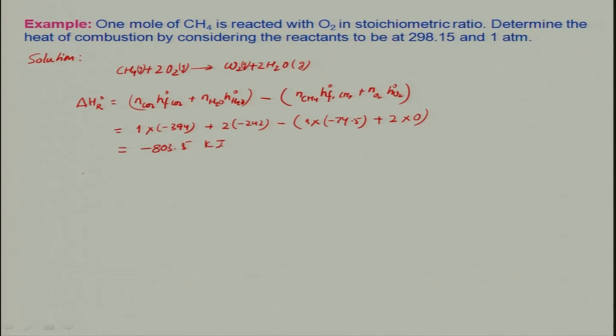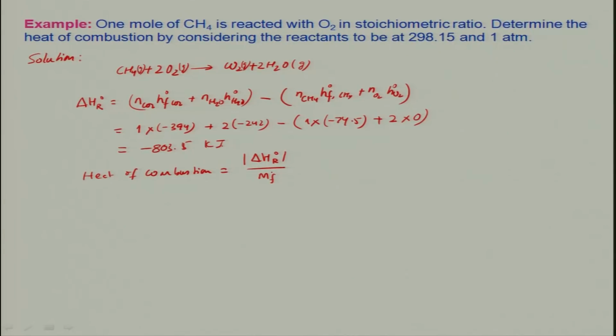Now, the heat of combustion is the modulus of delta H R naught divided by the mass of fuel.